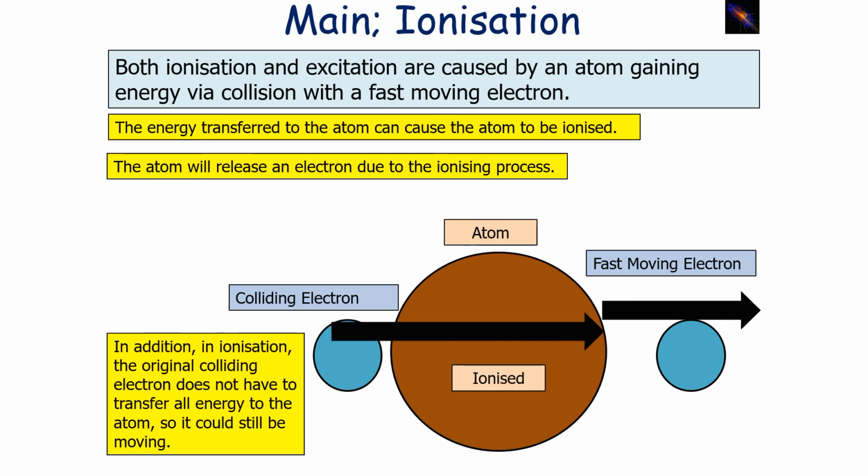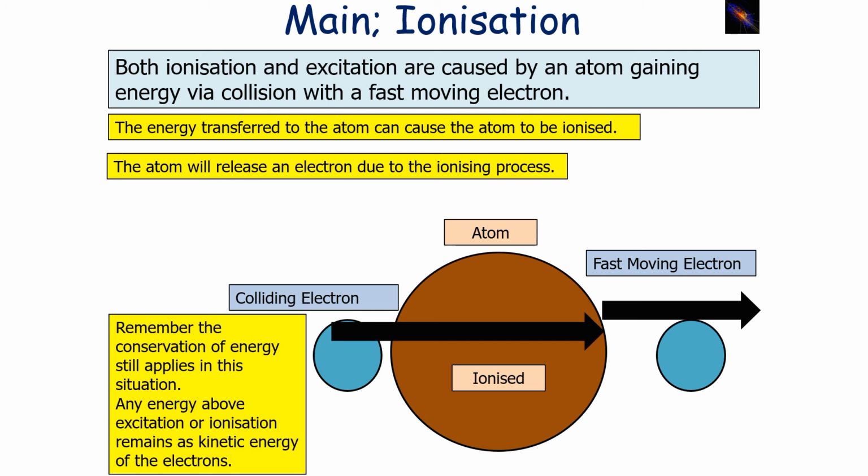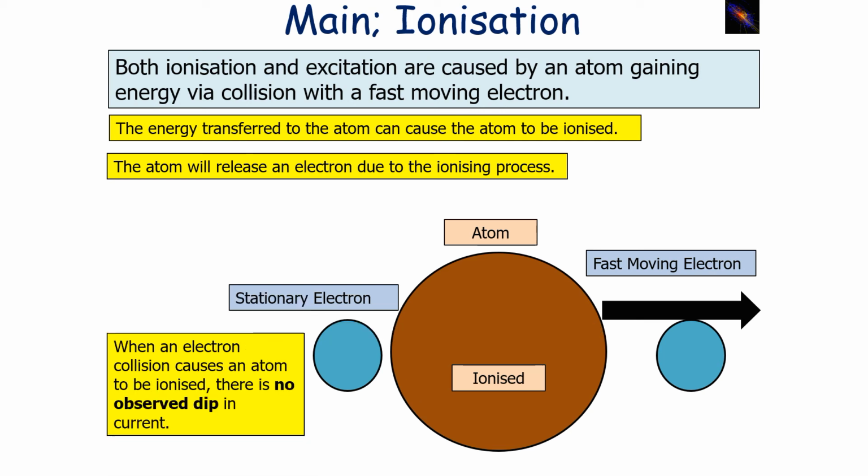Now in addition, in ionization, the original colliding electron does not have to transfer all of its energy to the atom, so it could be still moving as well. The conservation of energy still applies in this situation. So the idea is any energy above excitation or ionization remains as kinetic energy of the electrons or of the recoiling atom. Now when an electron collision causes an atom to be ionized, there's no observed dip in the current.